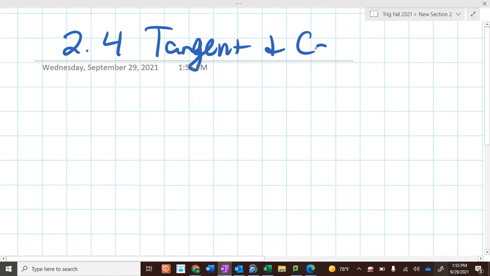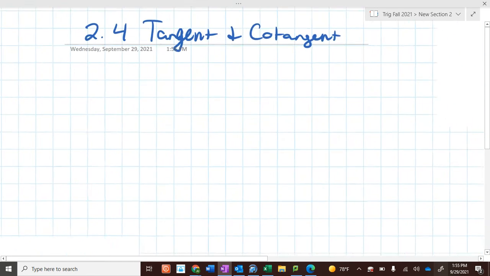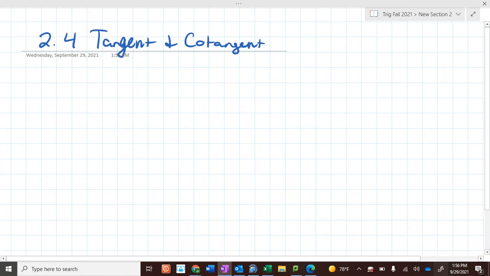So we're doing section 2.4, tangent and cotangent. All right, so what will the tangent and cotangent curves look like?